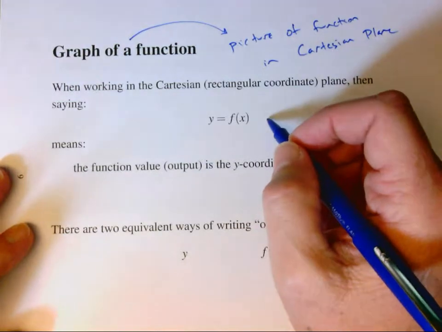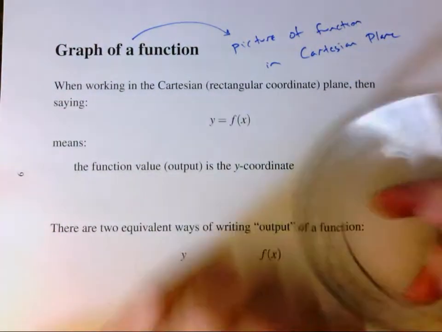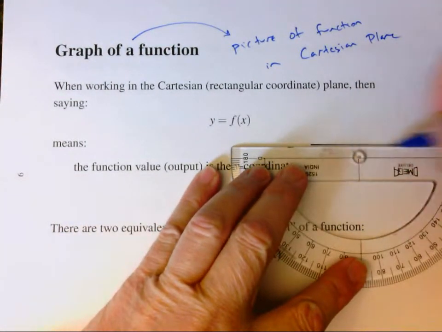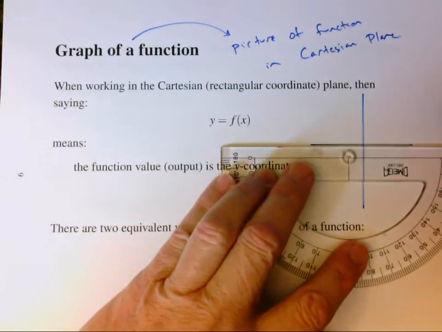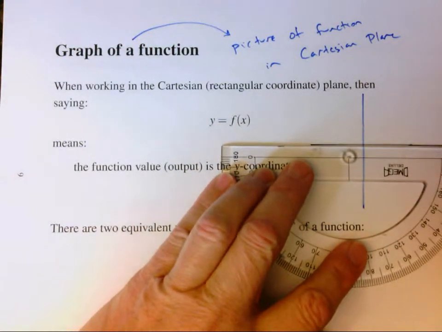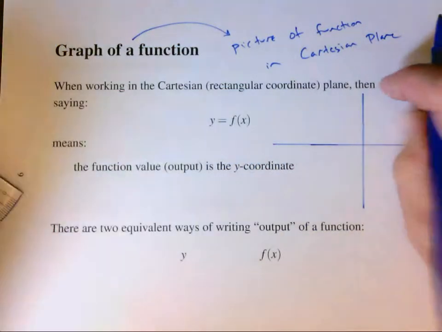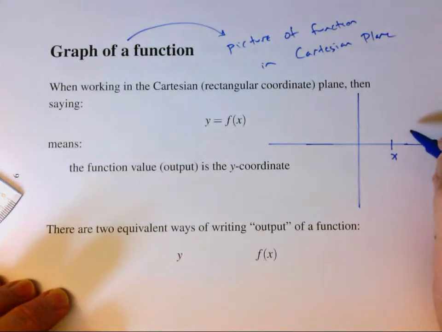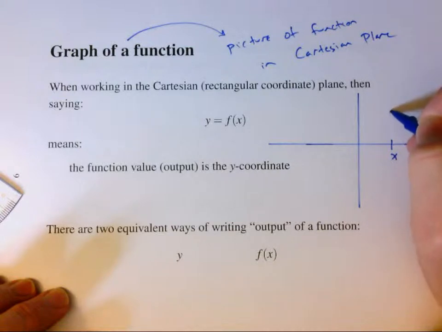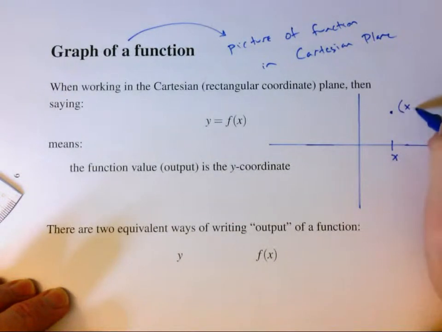So the way that works is that for a point, you have an x coordinate. So say x is there. To graph a point in the plane, you need to have a y. And we get the y for the point by using x as the input to the function f.